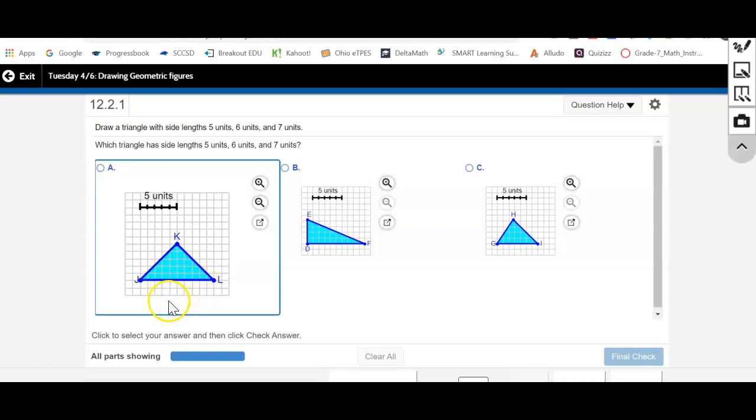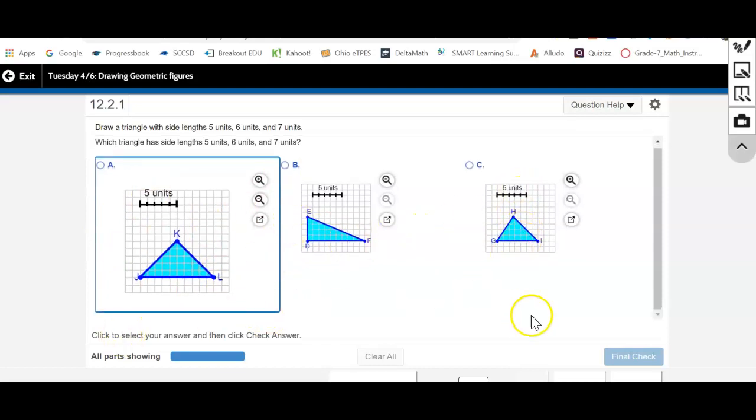Is that right? Yeah, so that's 10. So J to L is 10 units. None of these have 10, 5, 6, and 7. So I can eliminate that one. Come down here, count those, and figure out which one it would be.